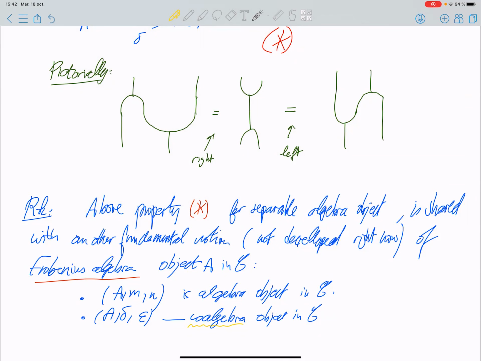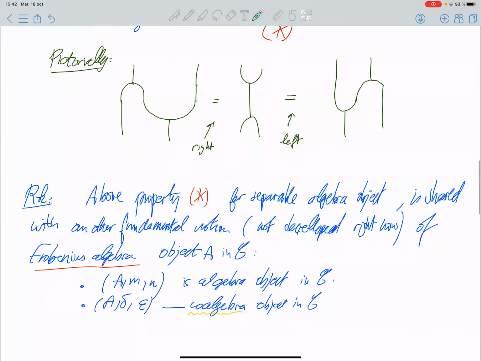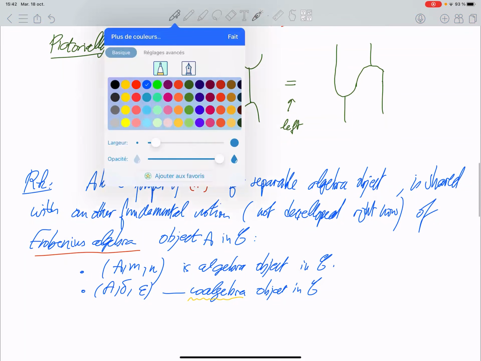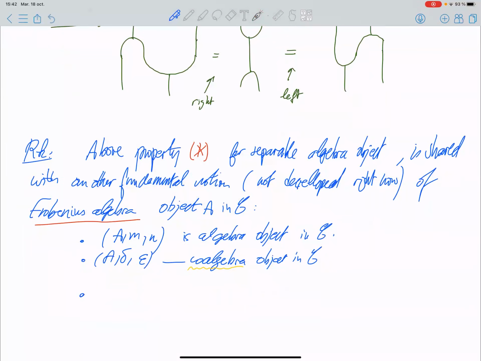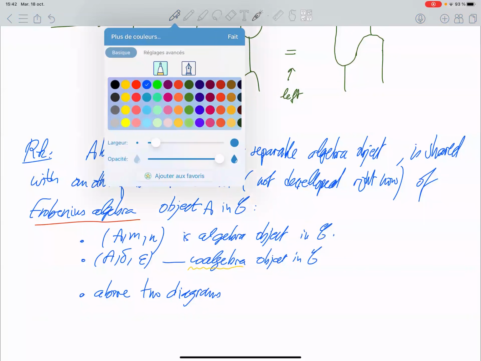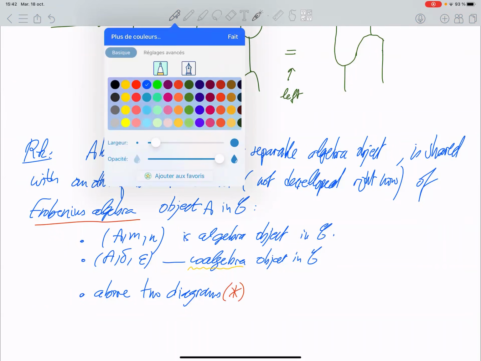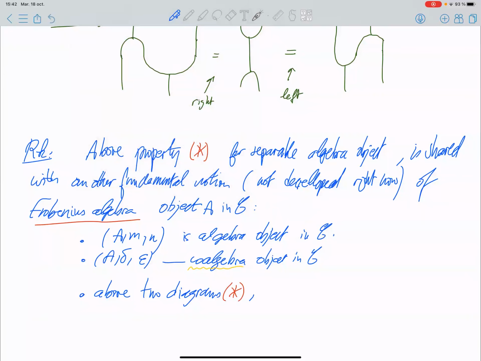And here we have this delta, and it is this delta which will satisfy the above picture. So the last assumption for being a Frobenius algebra, the above two diagrams denoted like that: delta is a bimodule homomorphism.